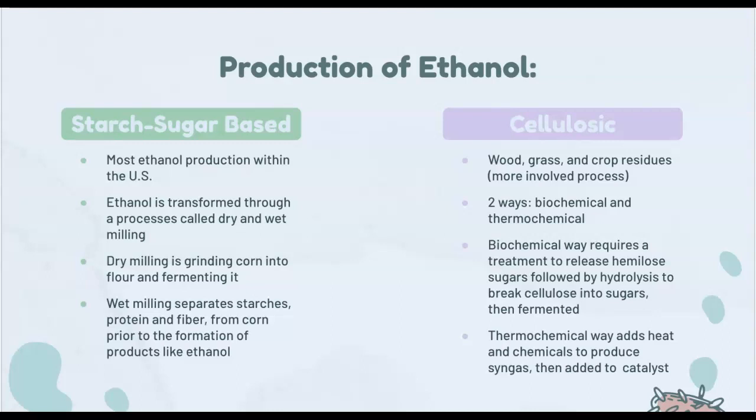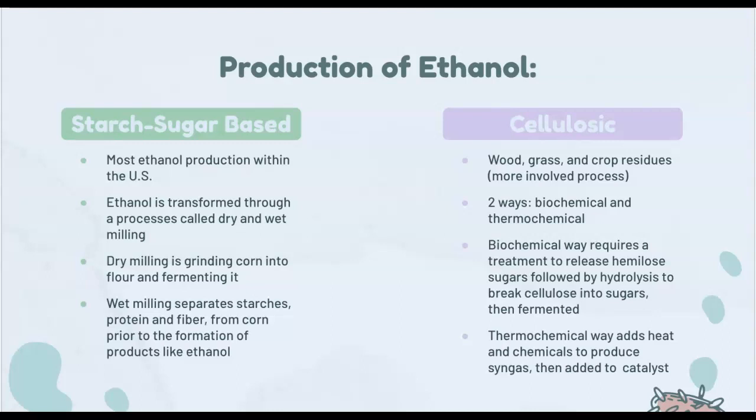Then we have cellulosic production, which uses feedstocks of wood, grass, and crop residues, and it is a more involved process. This filters down into two ways, either biochemically or thermochemically.